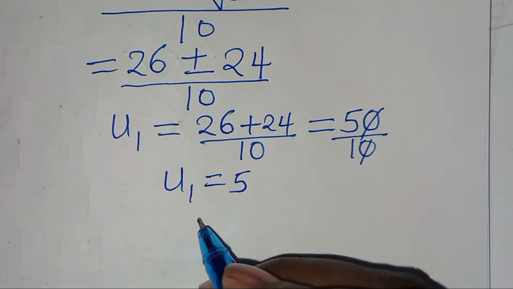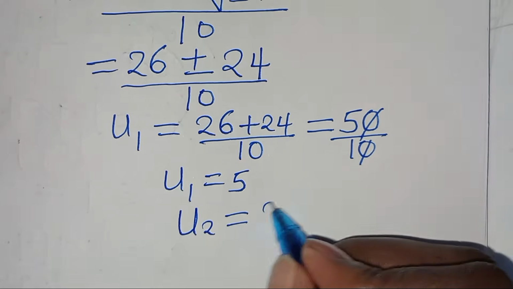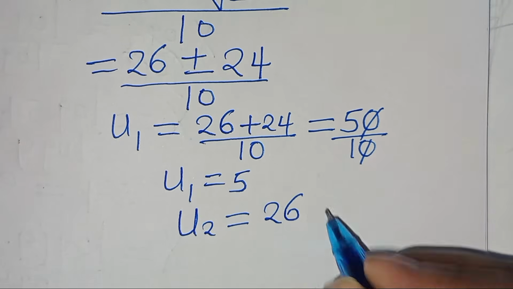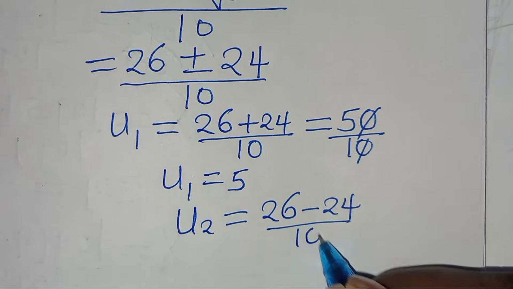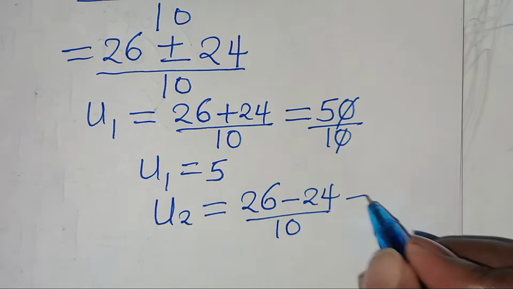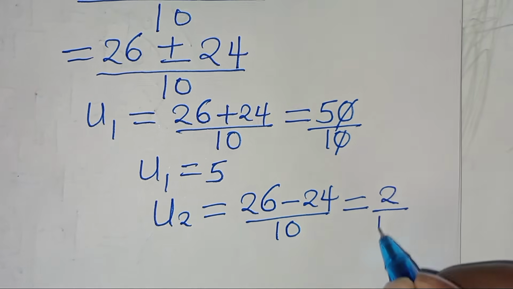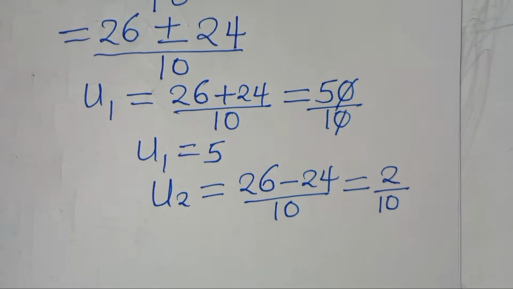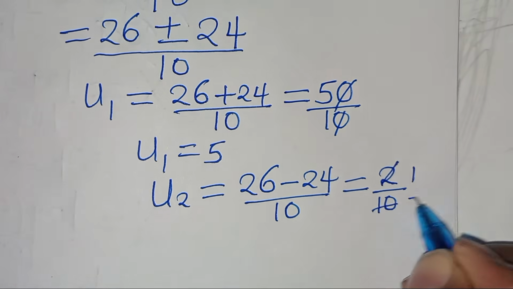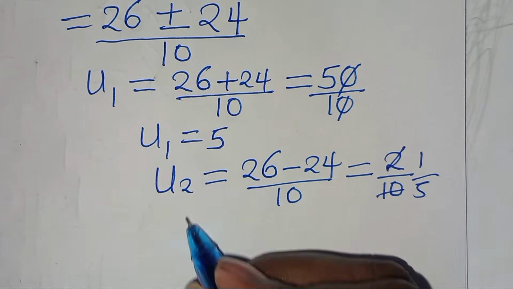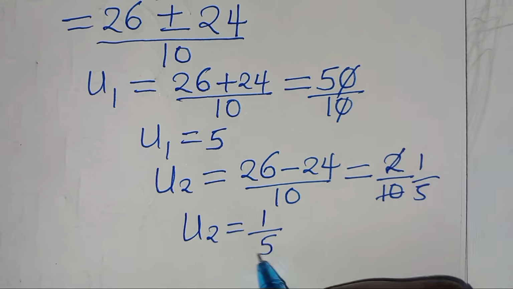Now let's do for u2. u2 is equal to 26 subtract 24 divided by 10. So this implies that 26 minus 24 is 2 over 10. So we can simplify here by 2, 1 over 5. So u2 is equal to 1 over 5.